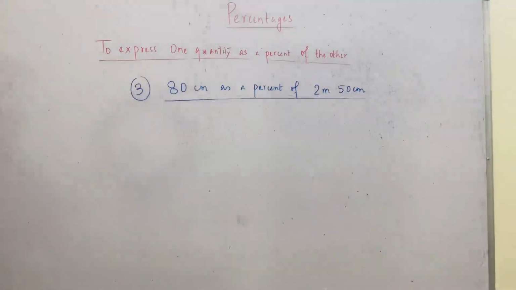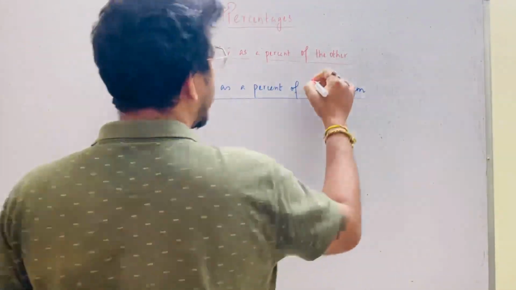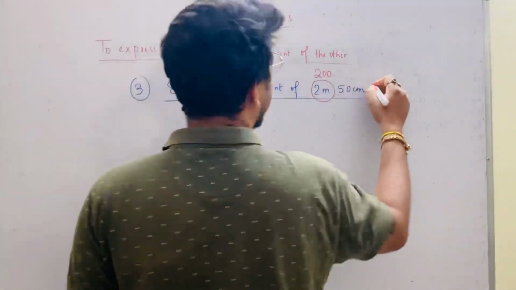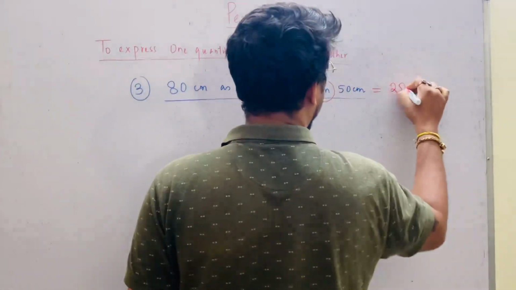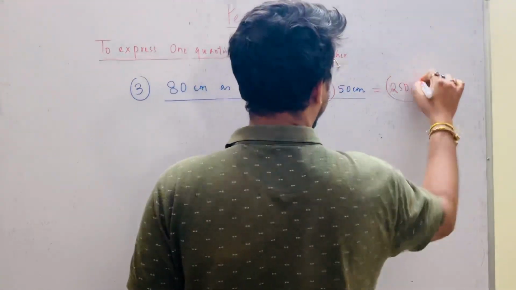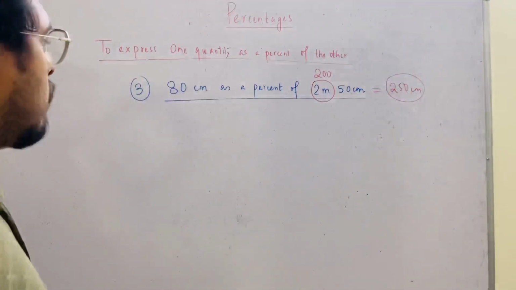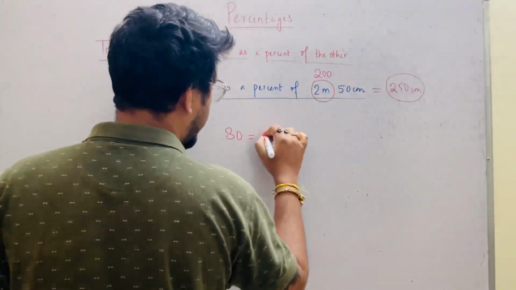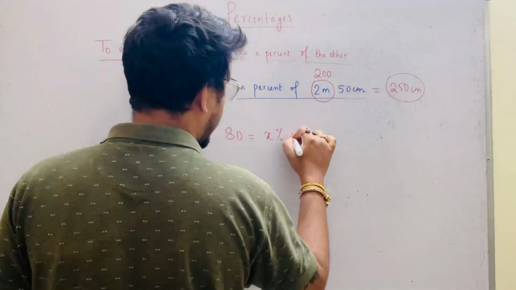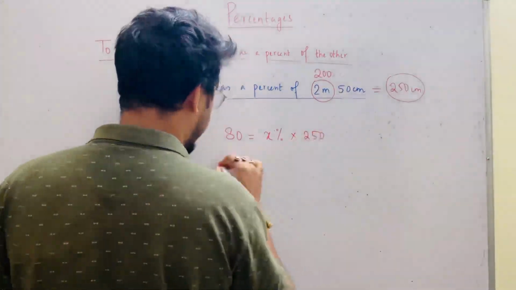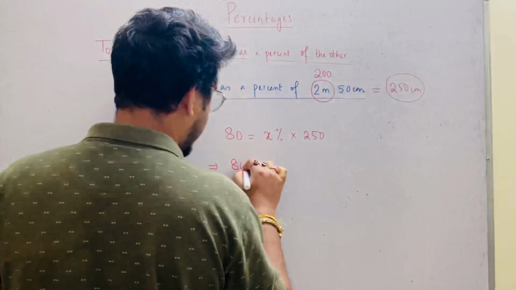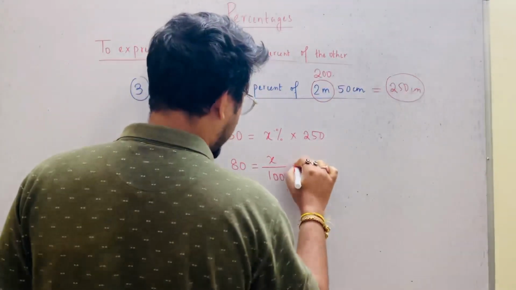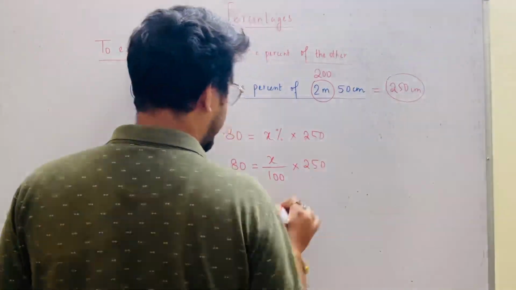So again, there are different units. 2 meter is 200 centimeter, and along with 50 centimeter, this will become 250 centimeter. So now we can write 80 equal to x percent times 250. So 80 equal to x by 100 times 250.